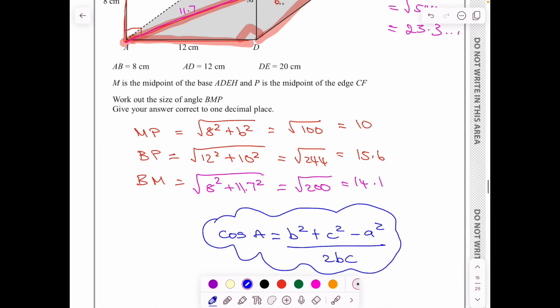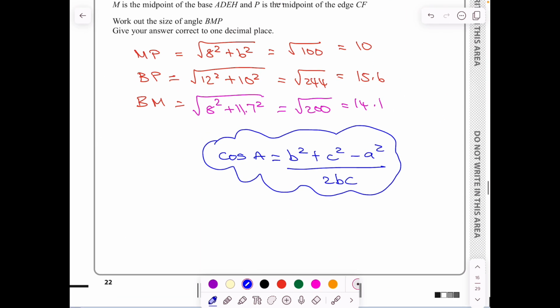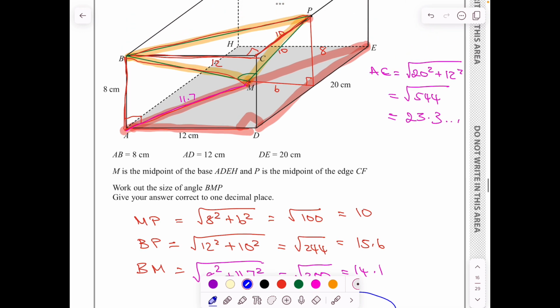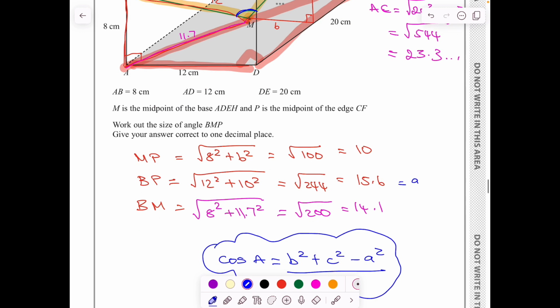Okay, so let's go. It doesn't matter which is B and which is C. What does matter is which one is A. So A is always the one that is opposite the angle that you're trying to find. So BP in this case is A, and the other two, it doesn't matter.